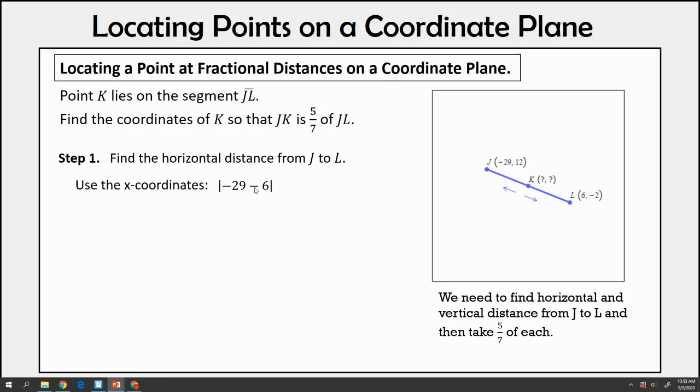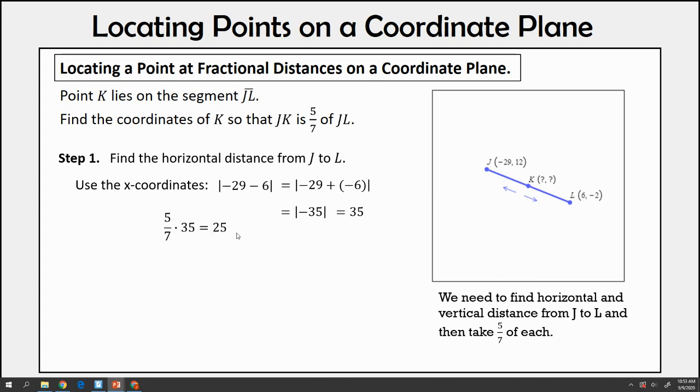So -29 minus 6 is the absolute value of -29 plus -6, which is -35. And the absolute value of -35 is 35. So if you were to move from J to point L in a horizontal line, you would move 35 units. Now, to find our point K, we want to take 5/7 of that 35 units, and that would be 25.